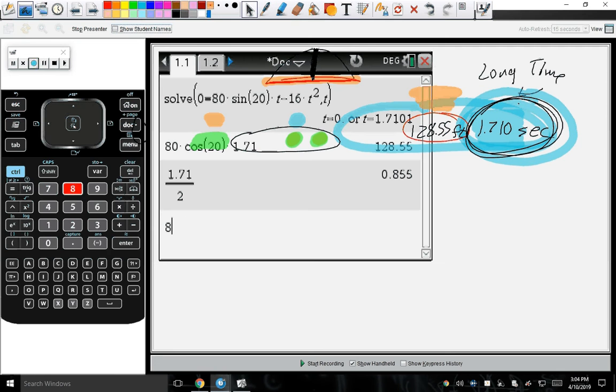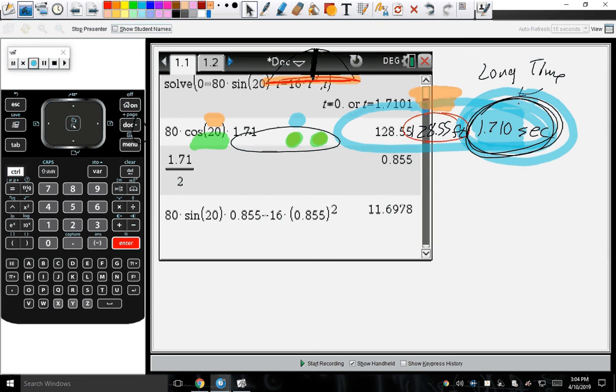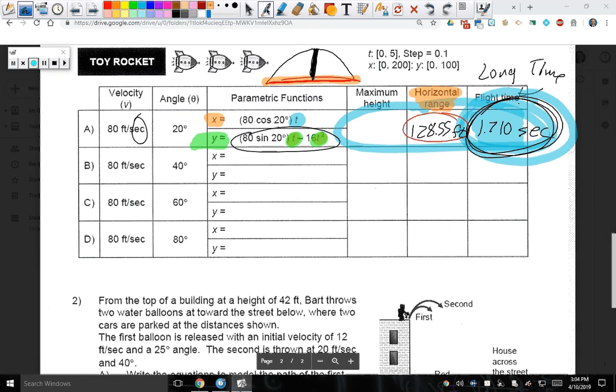So we have 80 times the sine of 20, times 0.855 minus 16 times 0.855 squared. Did y'all get the same? Yes. This is my max height that it will be. 11.698 feet high. That's this right there. Are we good?